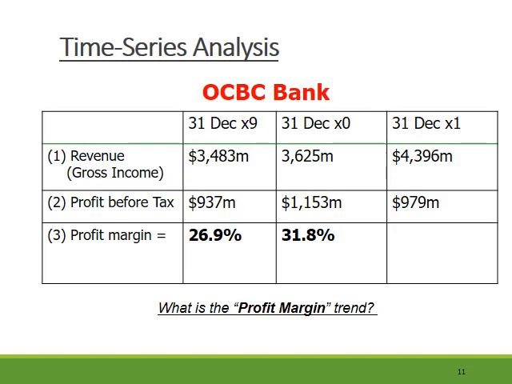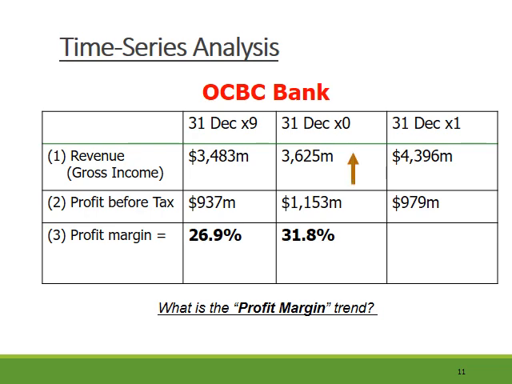Let's look at OCBC here. We look at it as an example. We have the figures from the years X9, X0, and X1. So basically, you can see from here the revenue, the net profit before tax, and profit margin. So what's the profit margin trend?